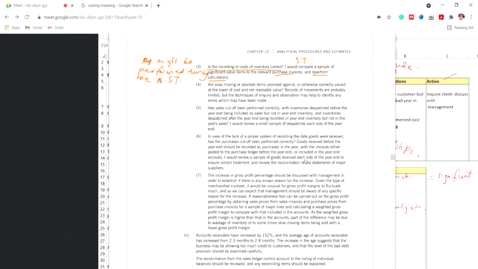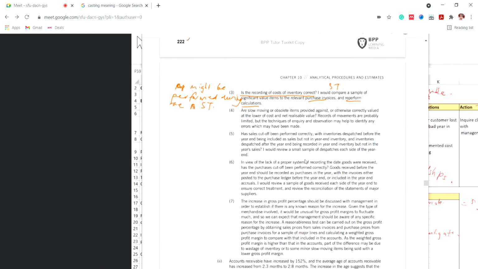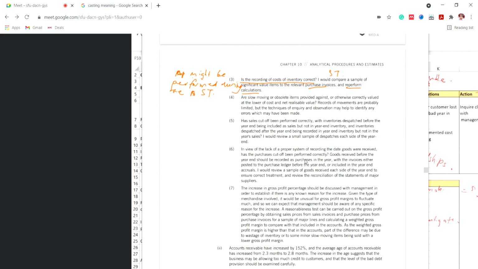And then you also test on slow moving or obsolete items, because you want to get the correct valuation of inventories.